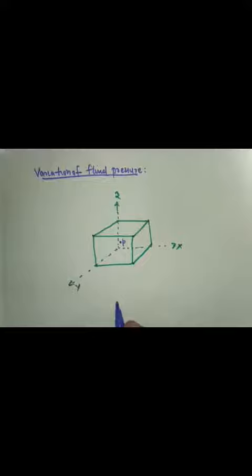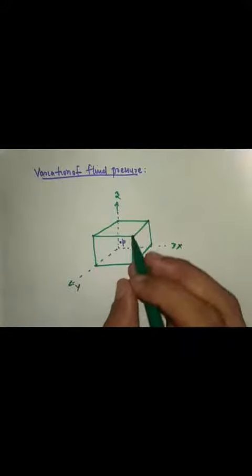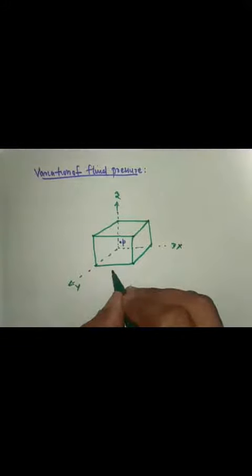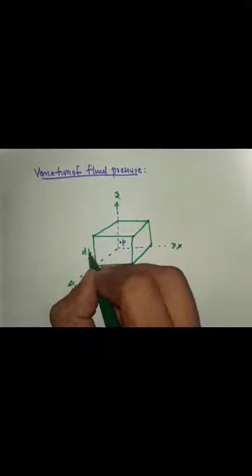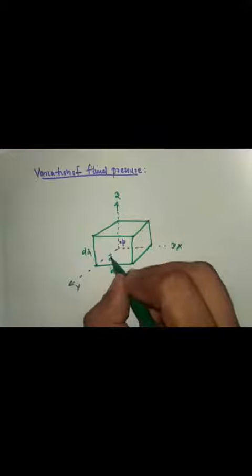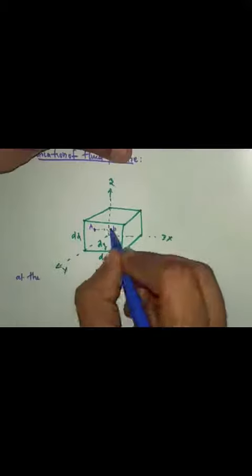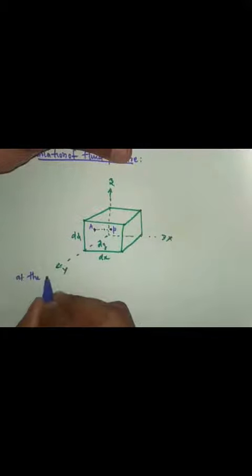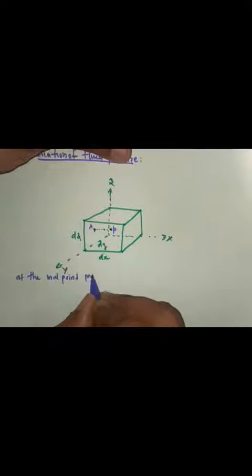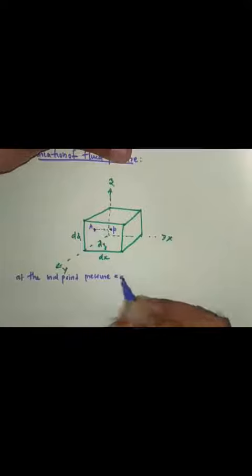Before that, we take this as dx, this is dz, and this is dy. The pressure at the midpoint is equal to small p.